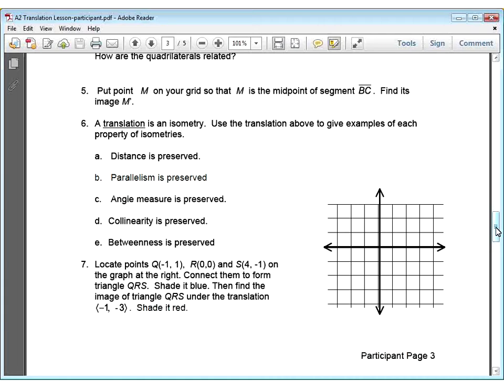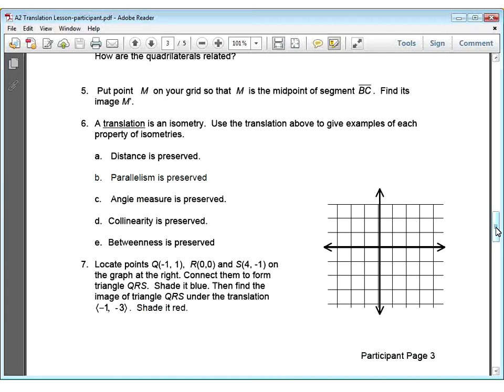Parallelism. If you look at the shape and the lines on the shape, is this line parallel to this? Are these two lines still parallel? And are they parallel to each other? If these lines aren't parallel to these lines, then we're in trouble. And the angle measures, are they preserved?